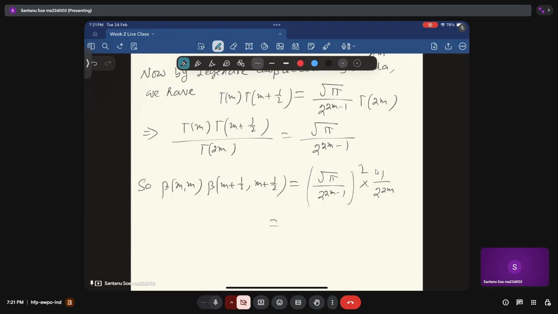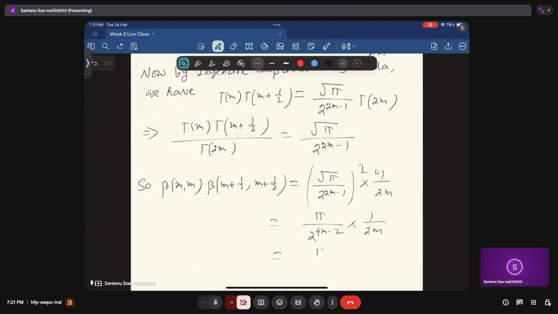Correct. So this is pi divided by, sorry, this is 1 by 2m. Correct. So this is 2 to the power 4m minus 2 into 1 by 2m.